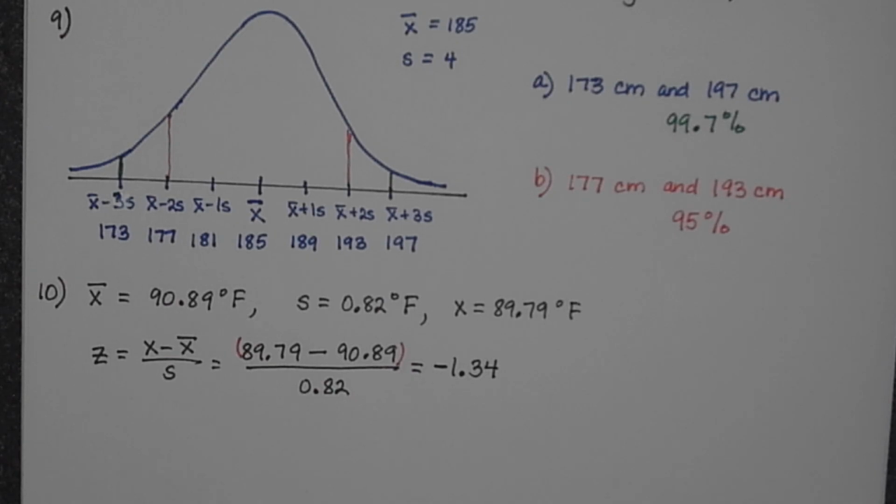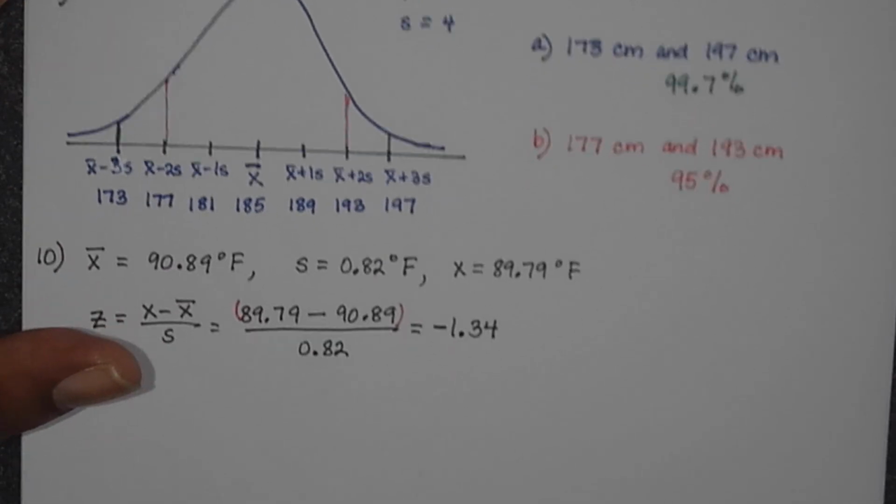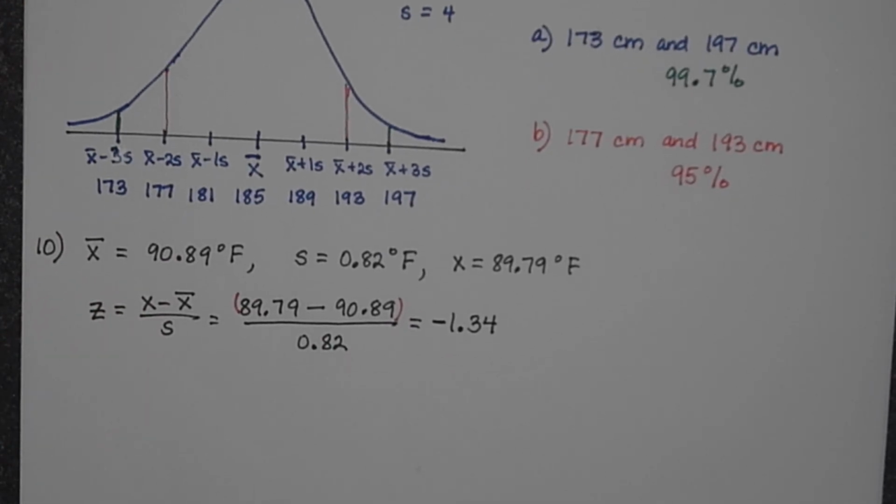All right. Now with z-scores, we always use the range from -2 to 2. Anything that's not significant would be from -2 to 2. So would this be significantly high, significantly low, or not significant? Not significant, because negative 1.34 is between -2 and 2.